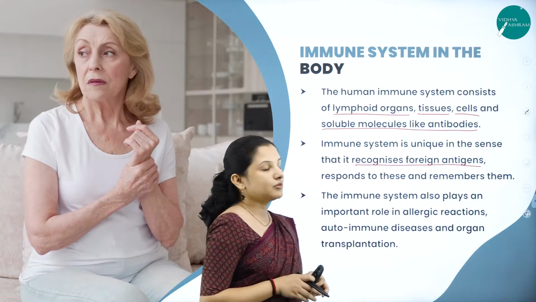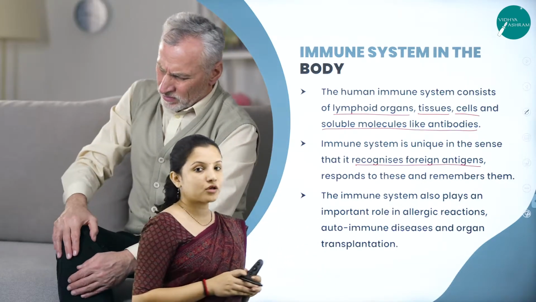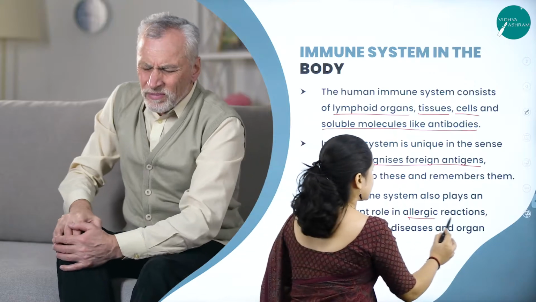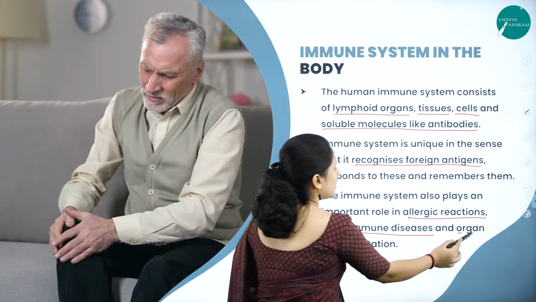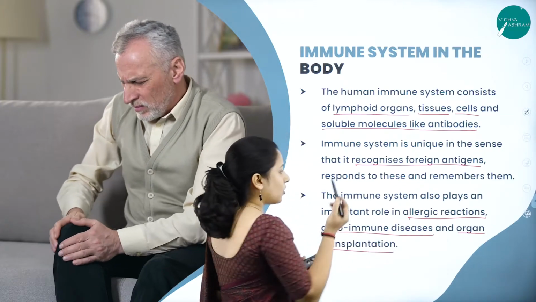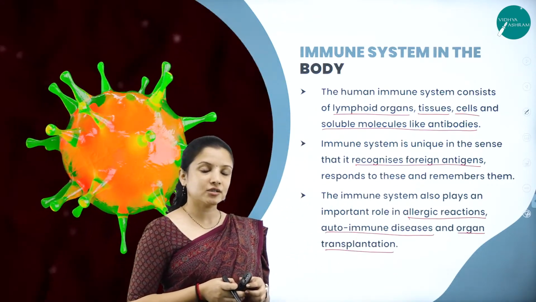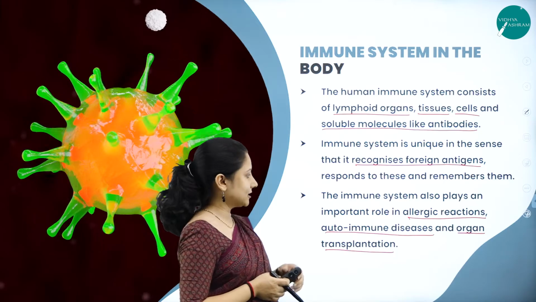The immune system also plays a very important role in allergic reactions, during autoimmune disease, and also during organ transplantation. Autoimmune disease and allergic reactions we have already learned in the previous slides, right?